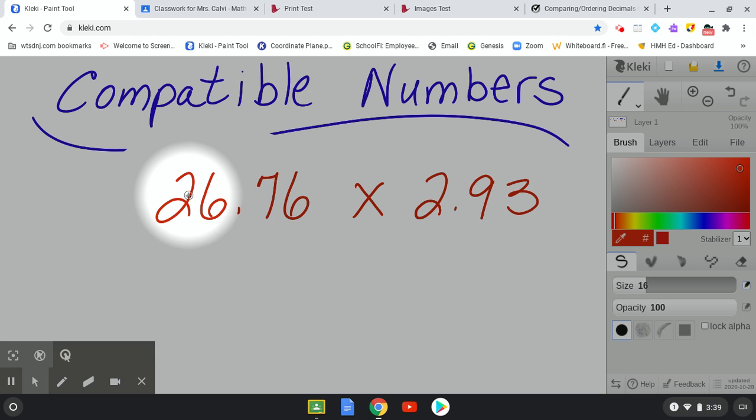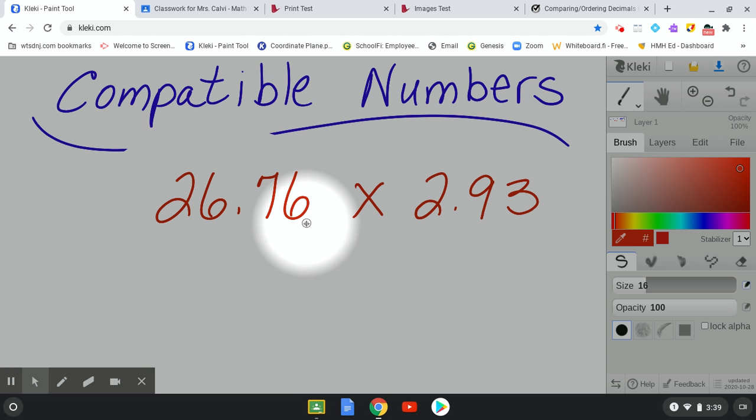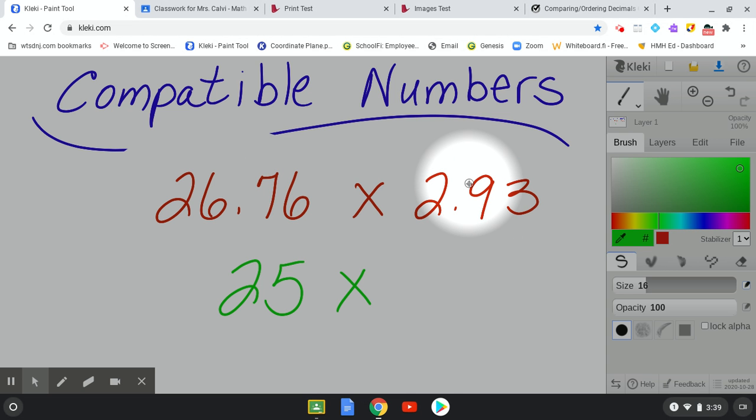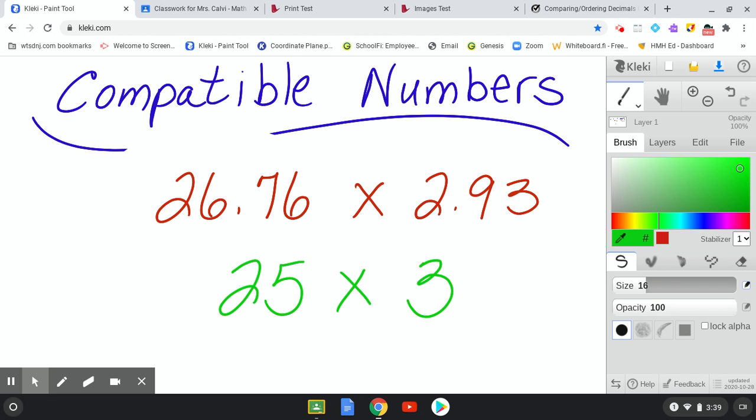Okay, so let's say I was multiplying 26.76 times 2.93. I want to use compatible numbers. So I know mentally I can probably do this in my head. If I change the 26.76 and I make that 25, I can multiply that and change this 2.93, make that 3. That's pretty close.